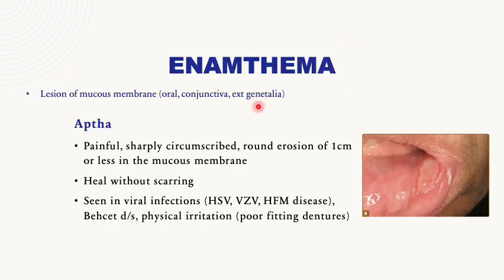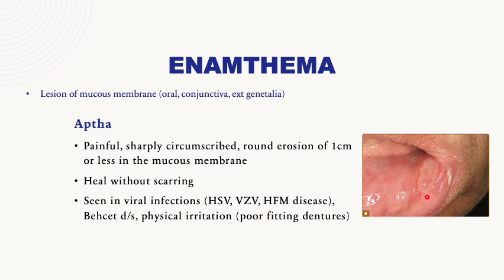So enanthema is a lesion of the mucous membrane, such as oral, conjunctiva, and external genitalia. And aphtha is a painful, sharply circumscribed round erosion of a mucous membrane, which can be 1 centimeter or less in diameter, and it can heal without scarring, and is seen in viral infections, Behçet's disease, and physical irritation such as poorly fitting dentures.